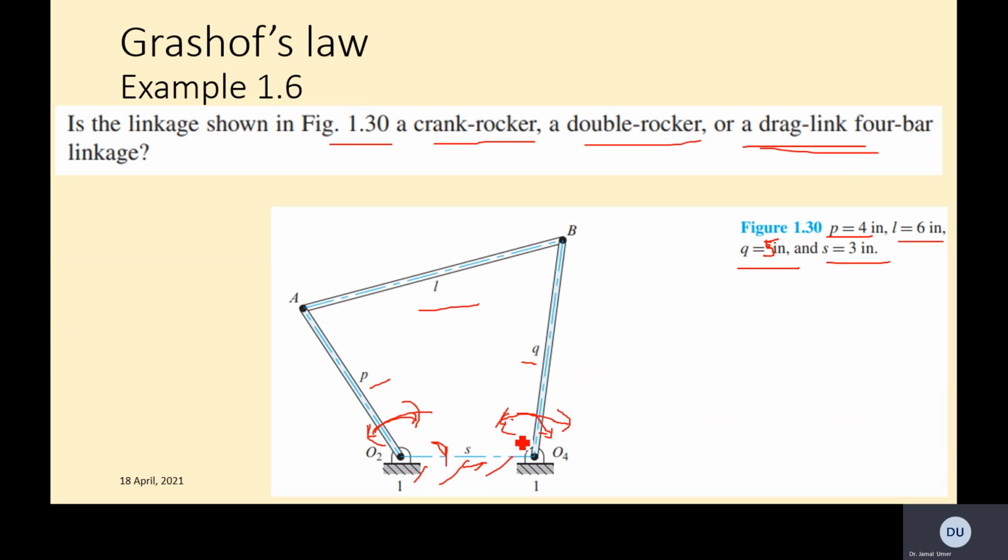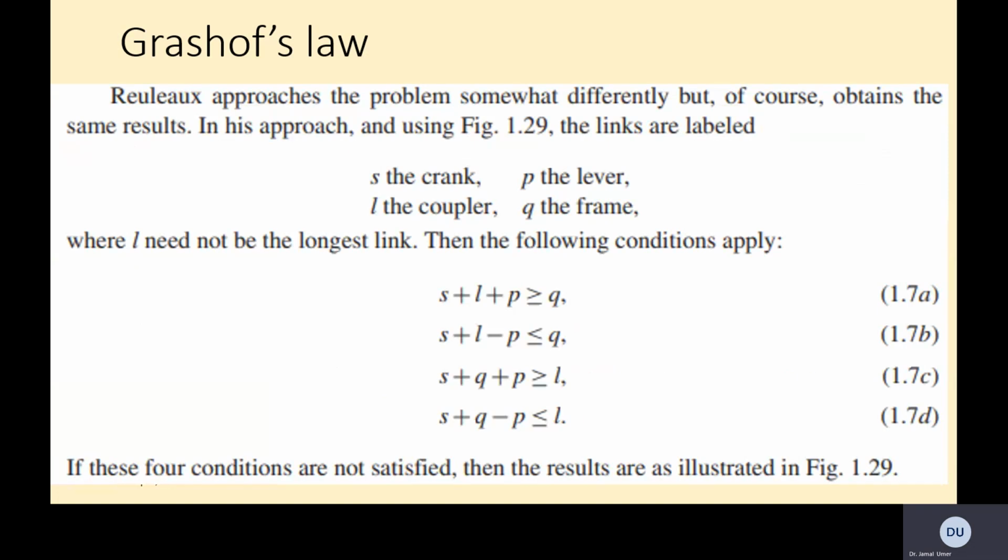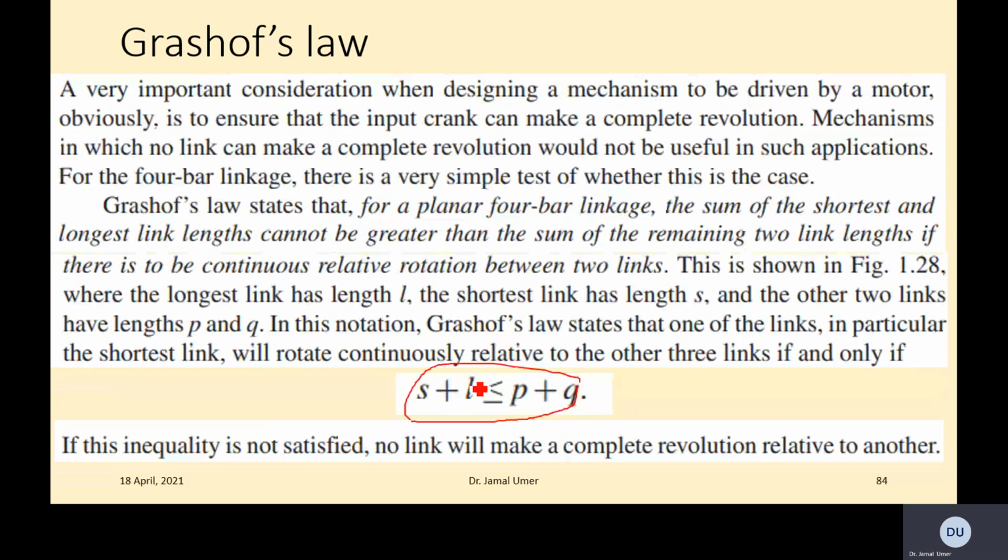So you see, this Grashof's law is a very interesting law. Why is it very interesting? Because you are in the phase of designing a mechanism. You know the lengths and everything, and you want to get some useful work. But before manufacturing the mechanism, you just check through this equation, and you will see if your link will be doing any useful work or not.